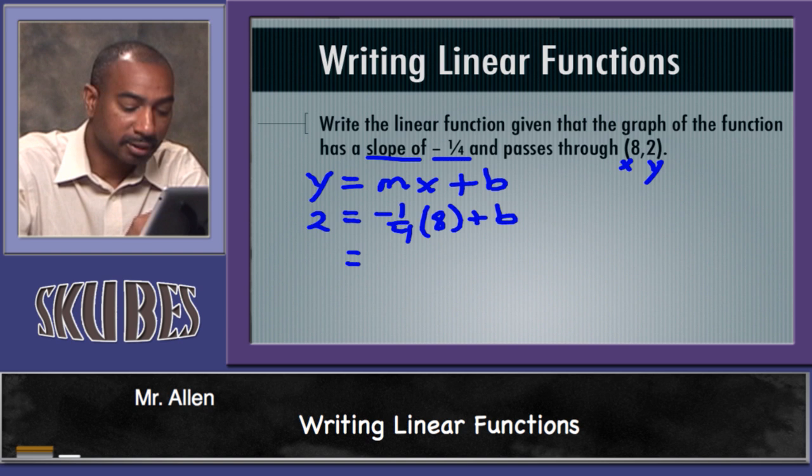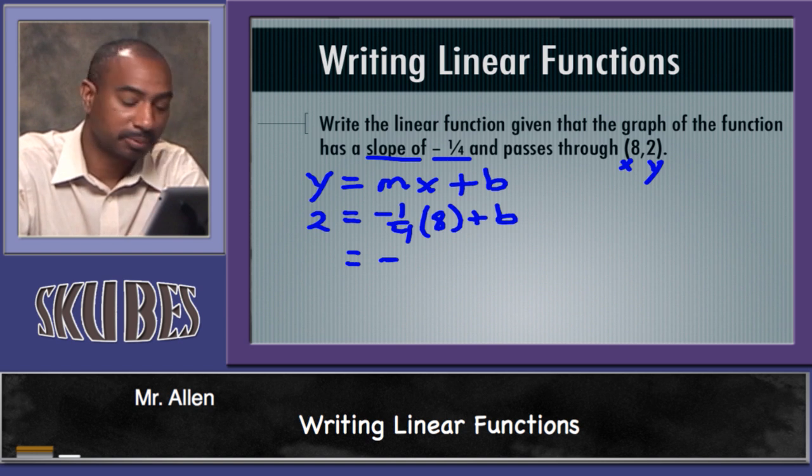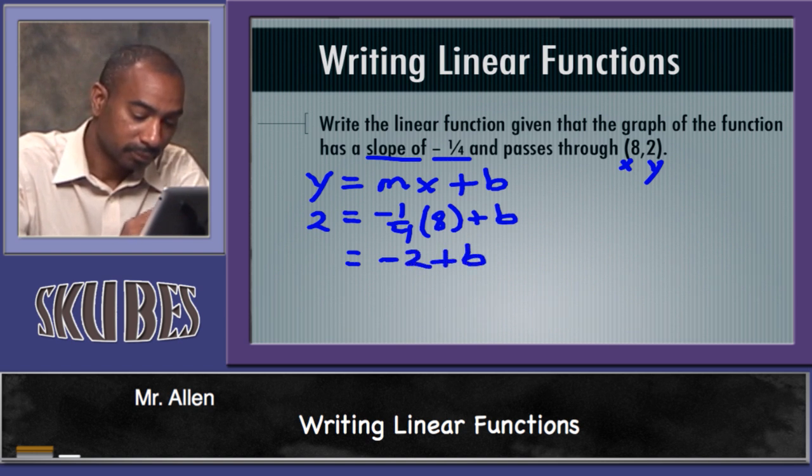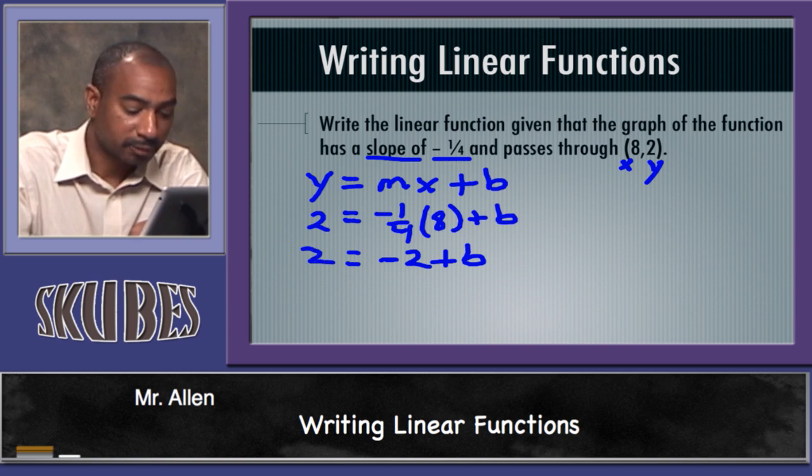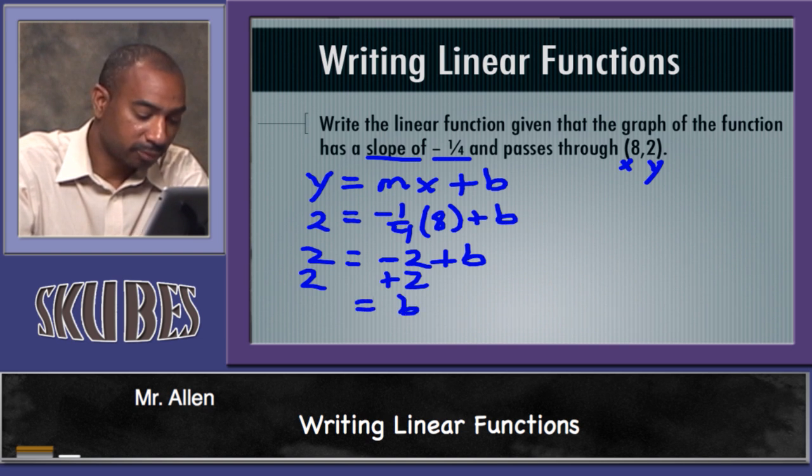So look, 4 divides into 8 2 times. But don't forget this is negative 1/4. That makes a difference with the direction of the point. So this is going to be a negative 2. And the opposite of negative 2 is positive 2. So we know that b, the y-intercept, has to be 4.